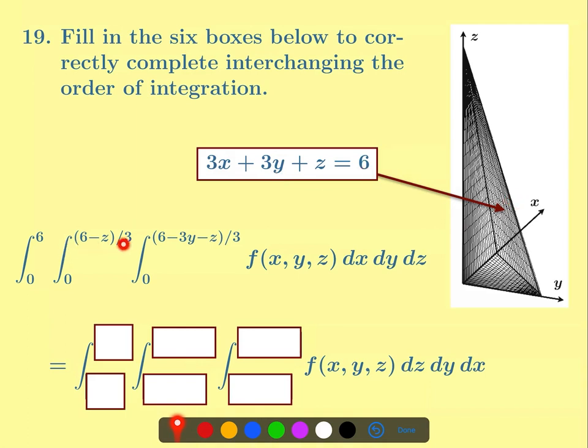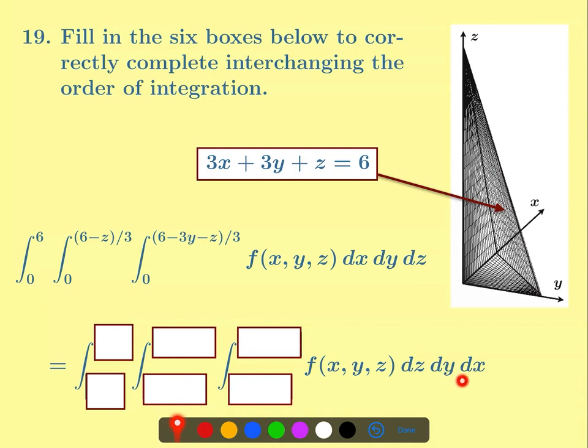Now that's also the same thing as this line here. That's where this limit of integration is coming from in the end. If I set y equal to this, that would be the same thing as saying 3y equals 6 minus z, or 3y plus z equals 6. So that's the same thing we just said. So this back line we can understand just by setting x equal to 0 in this plane.